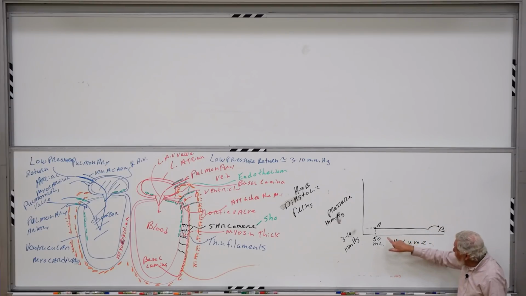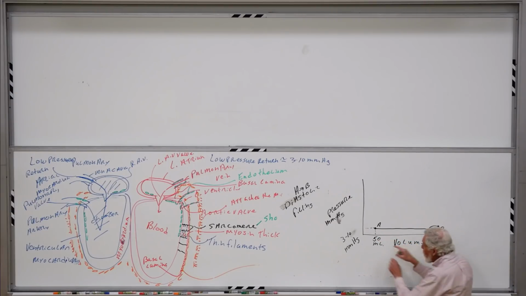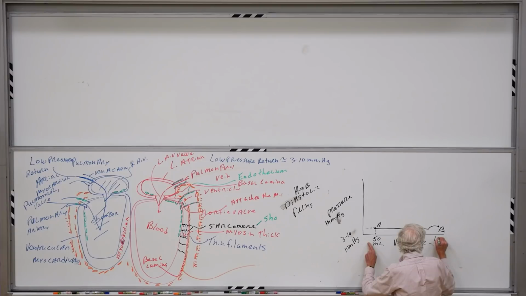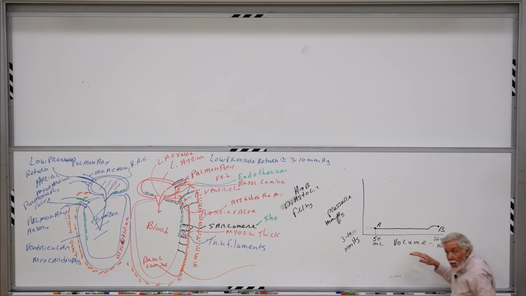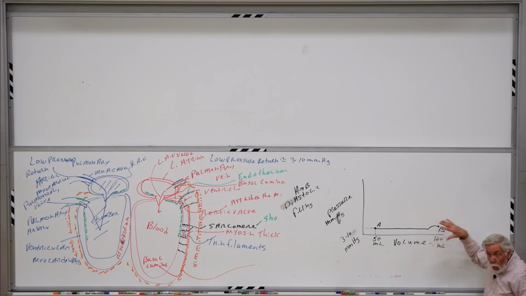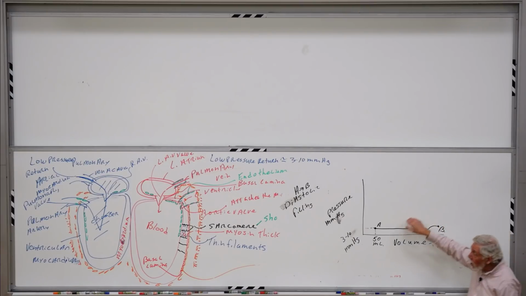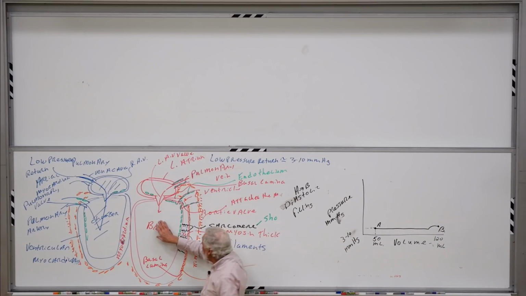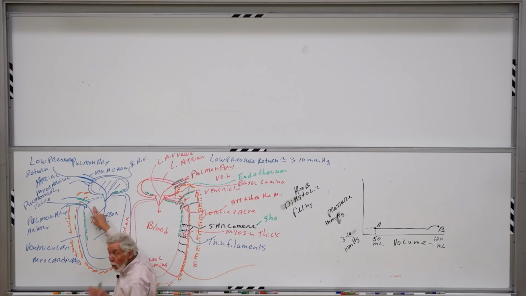So you'll notice here that the volume is increasing. It goes from about 50 to about 120 milliliters. So effectively, we're putting blood into the ventricular chamber. And we're going to talk about this for the left side because the pressures that we generate on the left side when we open the aortic valve are in terms of 100, 110 millimeters of mercury. When we open the pulmonary valve, those pressures are in terms of 30 to 40 millimeters of mercury.